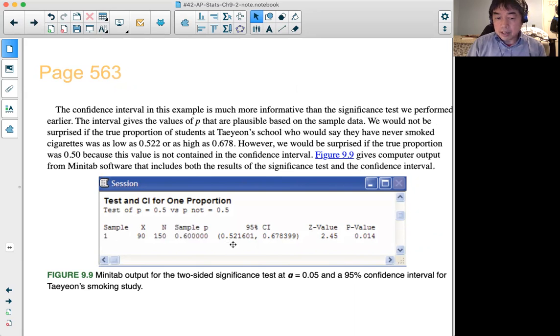Through that p hat, what's the confidence interval? We did calculate it, and the Z-score was 2.45. For a Z-score of 2.45, both tails, that is 0.014. Compared to the 0.05 alpha level, this is too low. Okay, this is the end of the first video, and watch for the second.